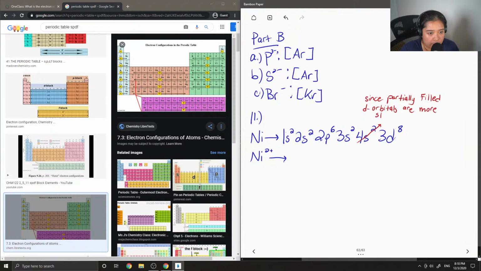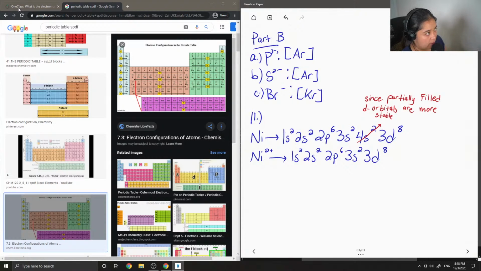More stable. So instead of taking from the d orbital and making it 3d6, we're actually going to take from the 4s2. So this ends up giving us an electron configuration of 1s2, 2s2, 2p6, 3s2, and then 3d8.